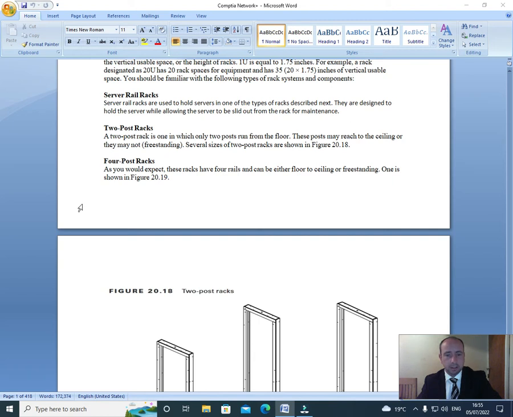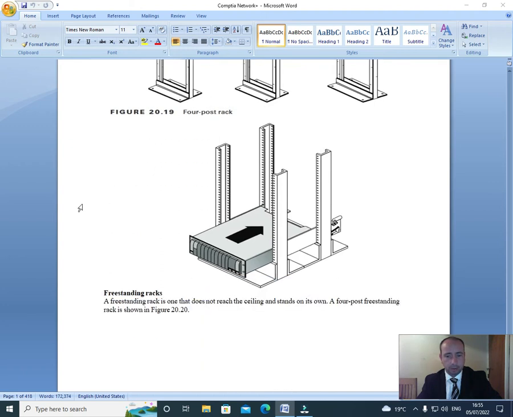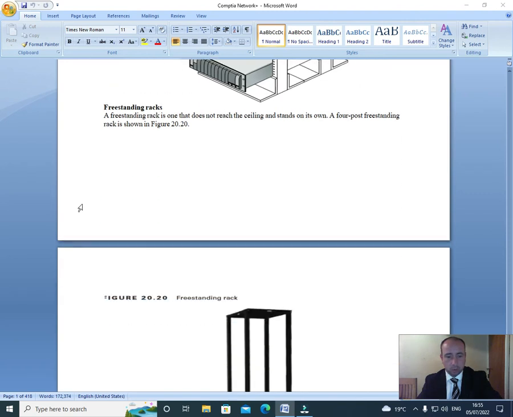As you would expect, these racks have four rails and can be either floor to ceiling or freestanding. One is shown in figure 20.19. Freestanding racks. A freestanding rack is one that does not reach the ceiling and stands on its own. A four-post freestanding rack is shown in figure 20.20.